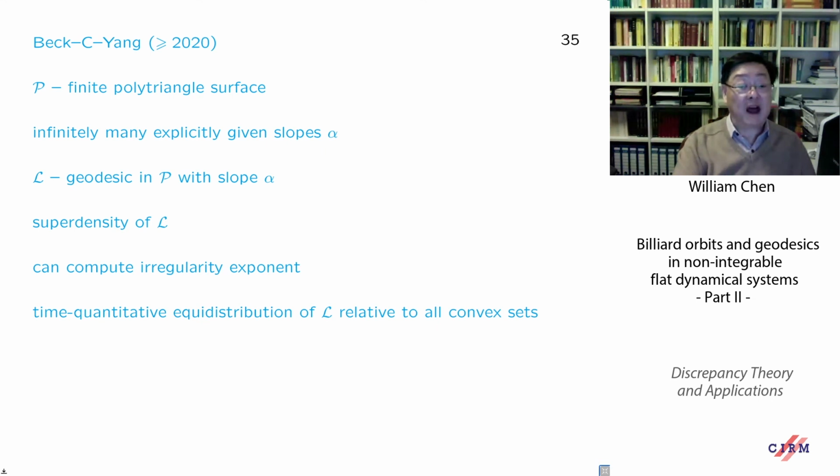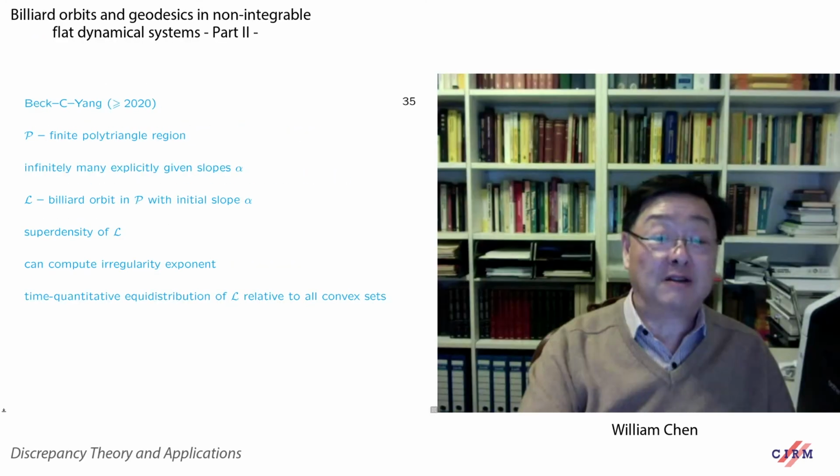If we have a finite polytriangle surface and we look at geodesics with slope alpha, then there are infinitely many explicitly given slopes alpha where we can obtain superdensity, calculate the irregularity exponent, and describe the time quantitative equidistribution. And also, we can play billiards with the same results.